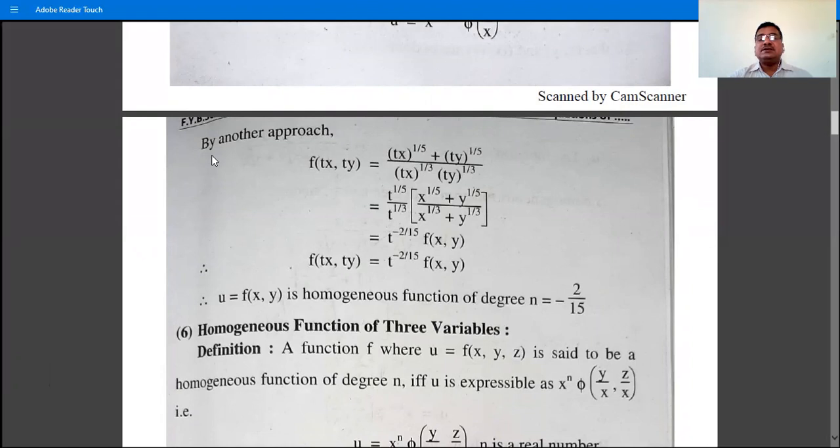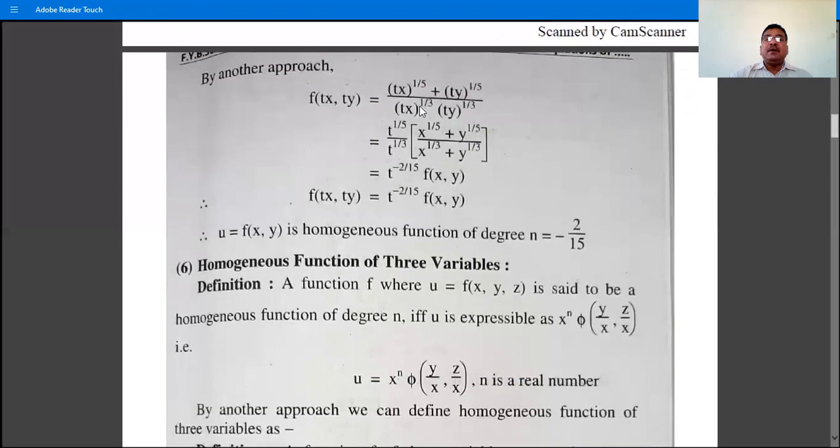So tx raised to 1 by 5 means t raised to 1 by 5 x raised to 1 by 5, and here t raised to 1 by 5 y raised to 1 by 5. Take t raised to 1 by 5 as common. So we have x raised to 1 by 5 plus y raised to 1 by 5. Similarly, tx raised to 1 by 3 means t raised to 1 by 3 x raised to 1 by 3, and t raised to 1 by 3 y raised to 1 by 3. So take t raised to 1 by 3 as common, and we have x raised to 1 by 3 plus y raised to 1 by 3 in the bracket.